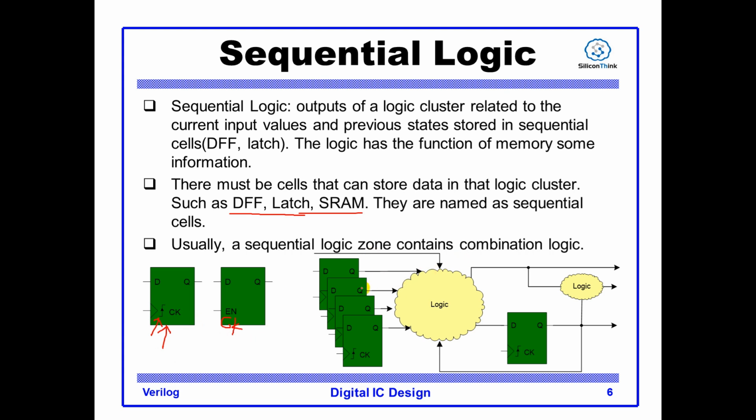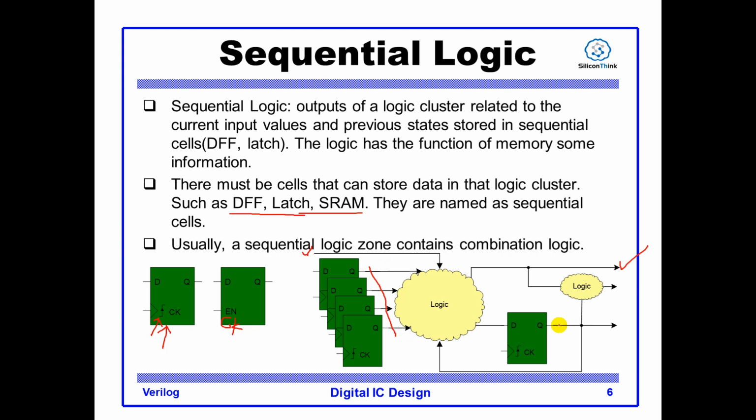Look at this logic cluster for example. It has DFFs to memorize something, and the output value will be related to the value of this input and some value stored in these DFFs.